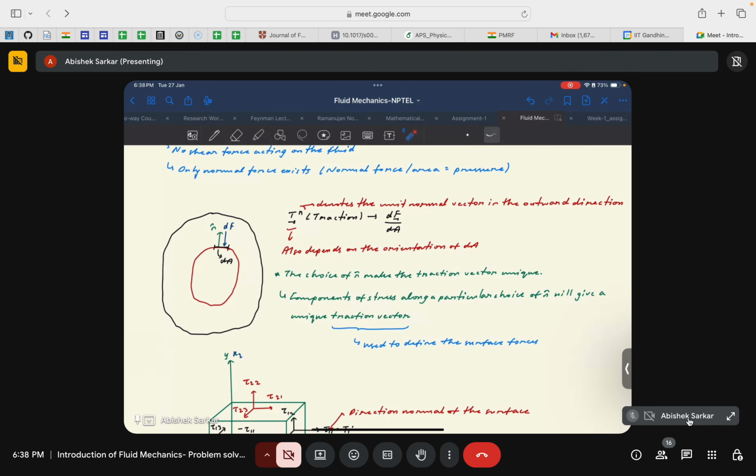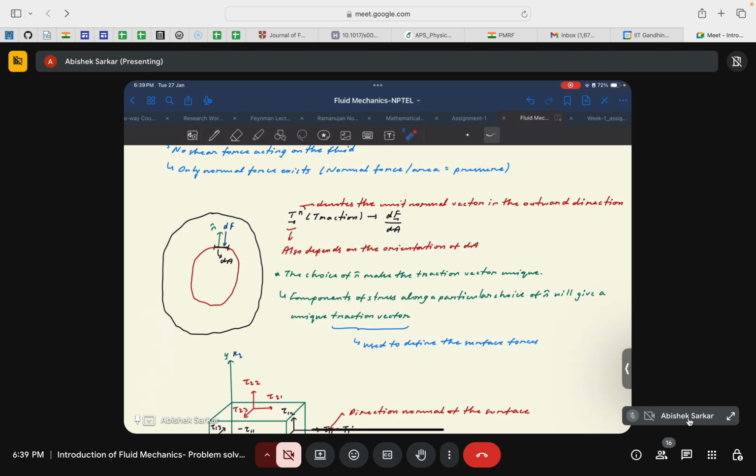Why this is important, and how the orientation is taken into account, is through the normal vector to that particular surface. For this surface, the outer normal vector is defined by n1. We use that notation to take into account the importance of the orientation of the area. If the orientation changes and is defined by some other normal vector, say n2, then it would be given by t n2.